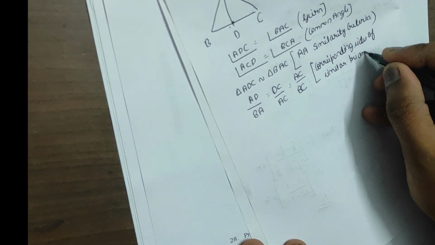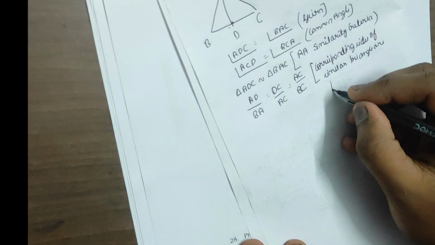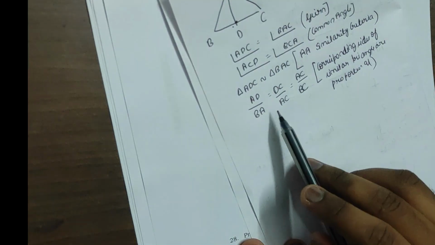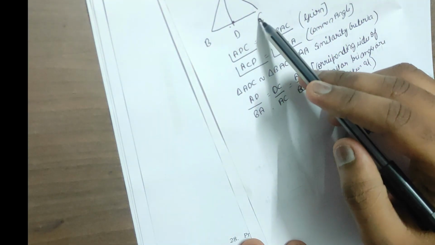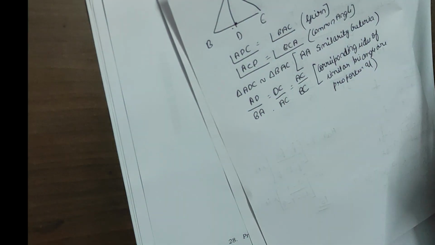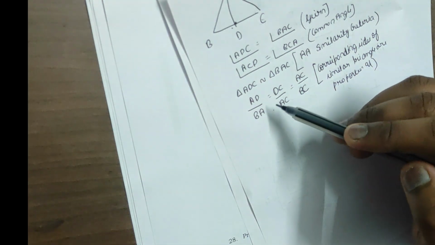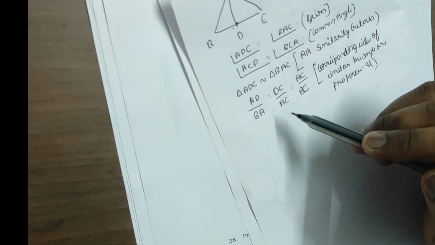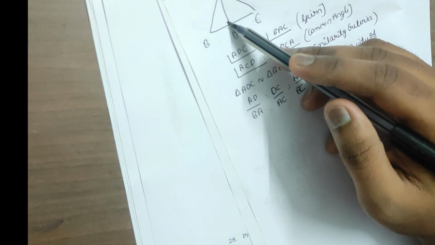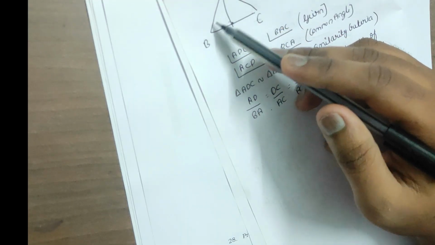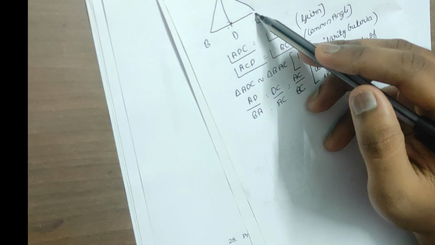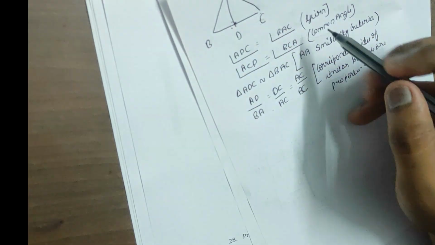Now we have found out that triangle ADC is similar to triangle BAC. Now we have considered the sides of these triangles. Now we will compare ADC. AD divided by BA, this side divided by this side, DC, this base, divided by AC.